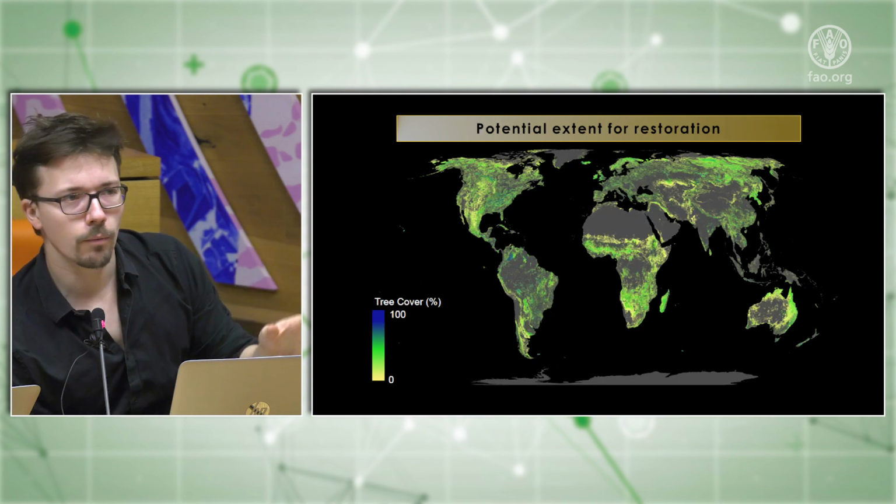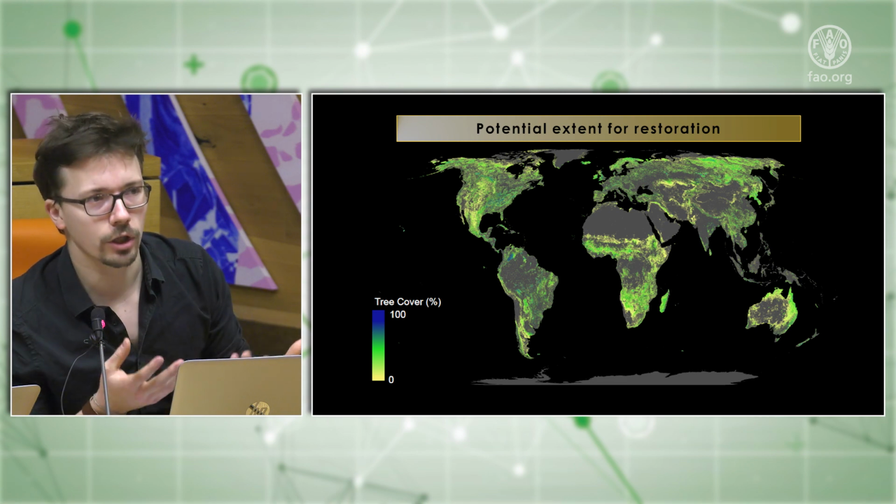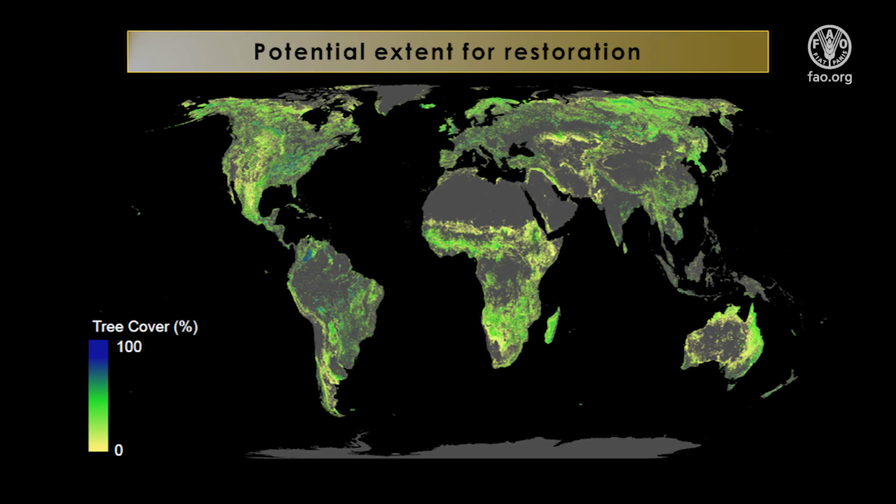So based on the model, as I told you, we can then extrapolate the prediction of the potential tree cover outside those protected regions. And this is the map that you can see here. This is a presentation of the planet as if the entire planet were a protected area. The gradient of color from yellow to blue is a gradient of tree cover, yellow being close to 0 and blue being close to 100% of tree cover.